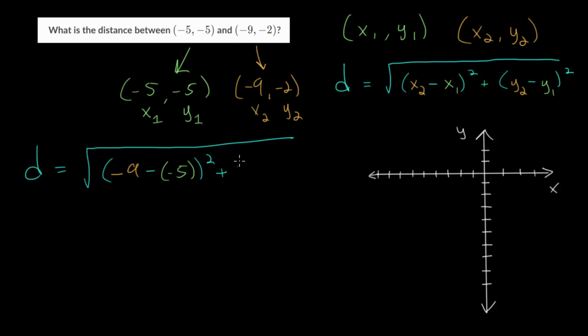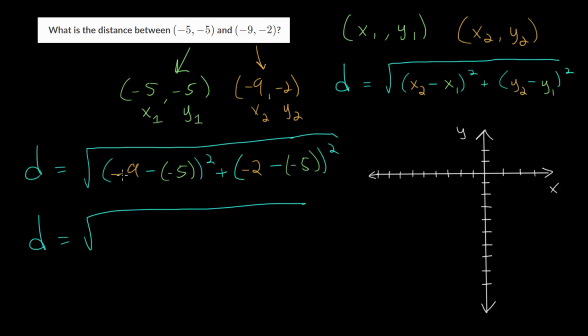So now we look at the y values, and y2, that is negative 2. Then we're going to subtract y1, and y1 again is a negative number, so put it in parentheses: we're subtracting negative 5. And so in the end, we're just going to be adding that. So now let's simplify everything.